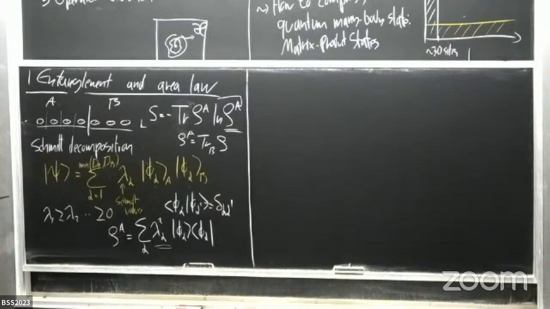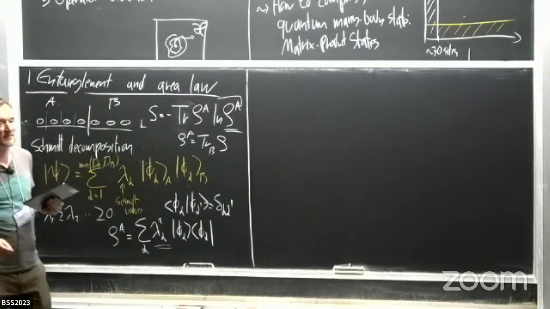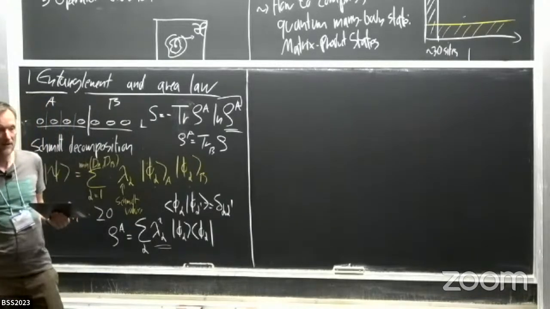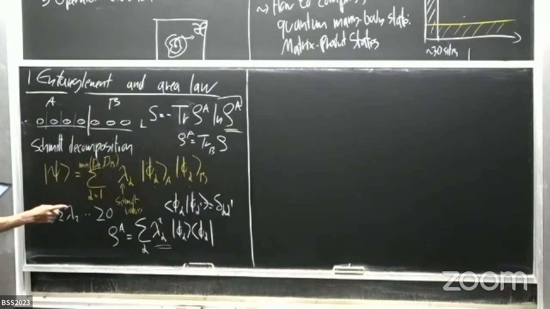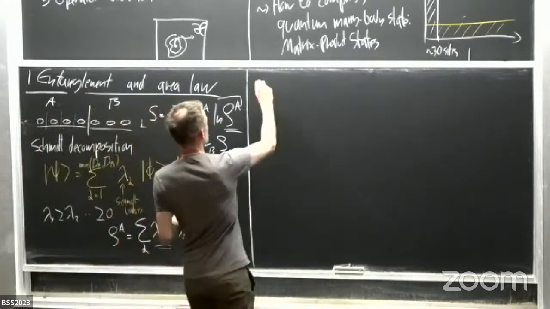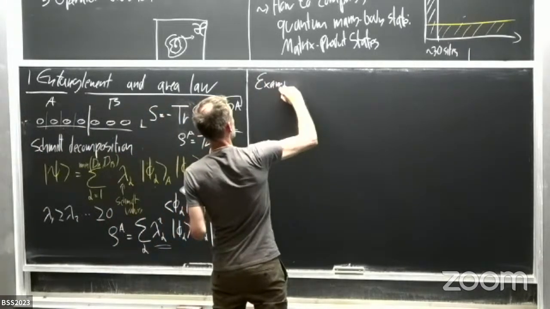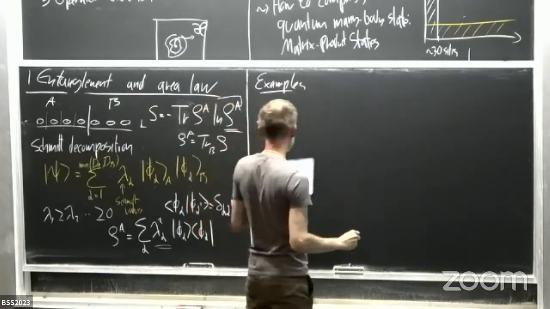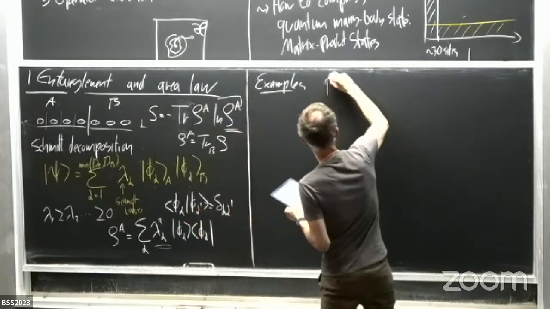Good. So since the Schmidt decomposition is very important for understanding how we can compress quantum states, I want to just provide some intuition about this Schmidt decomposition and how the Schmidt coefficients look for a few simple cases. So the first is a simple product state.